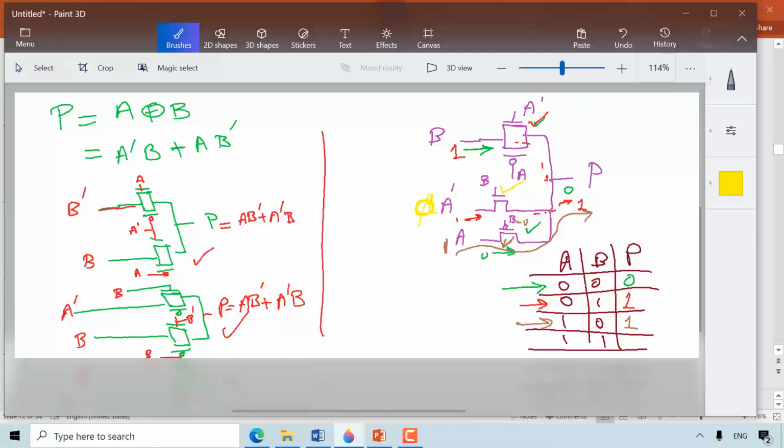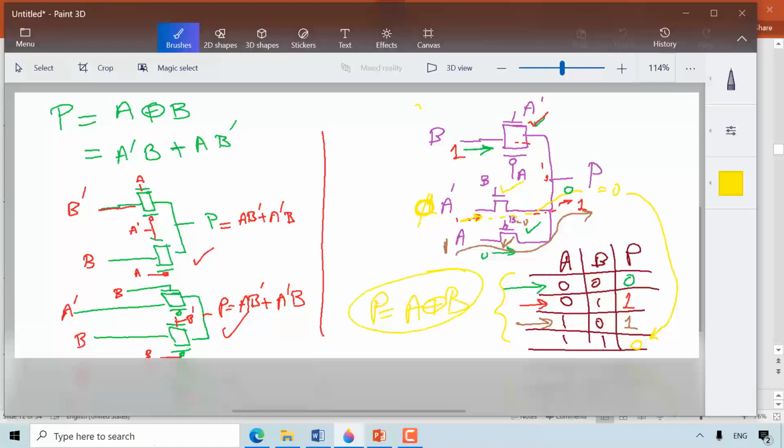A prime will be 0 since A is 1. This will be on, so we will write a 0 all the way over here, so P will be 0, and therefore this one will be a 0. If you look at this truth table, it is P equal A exclusive or B.